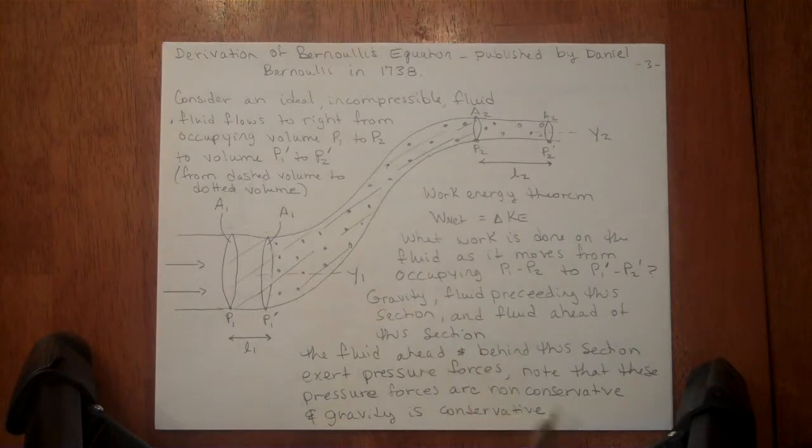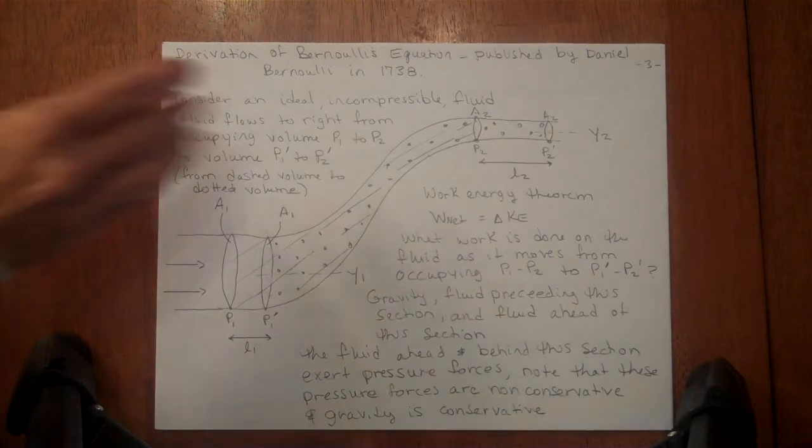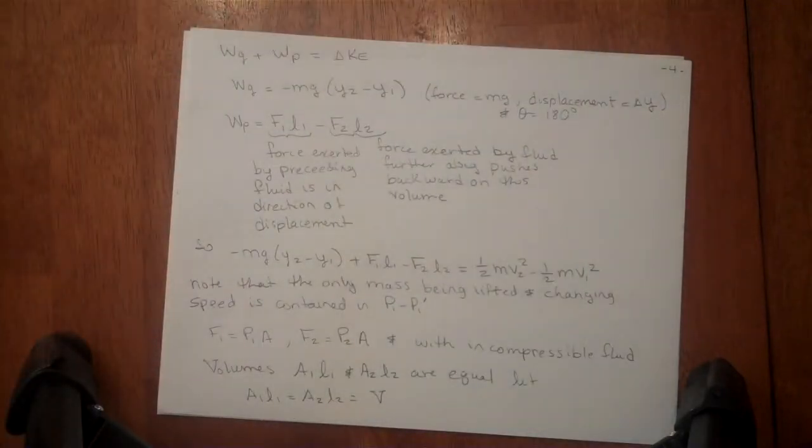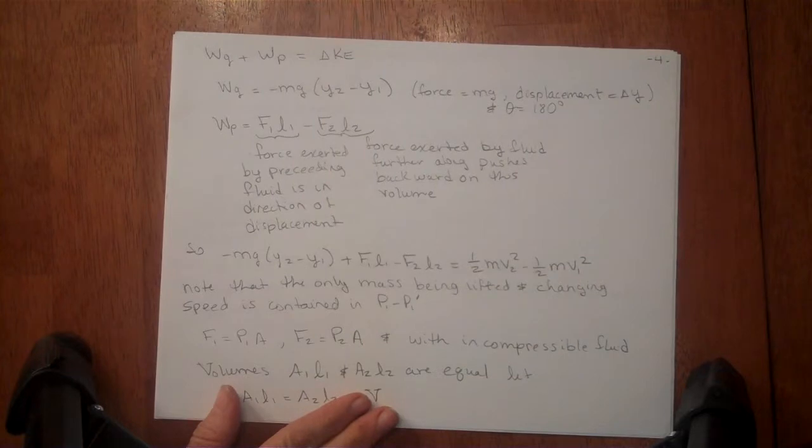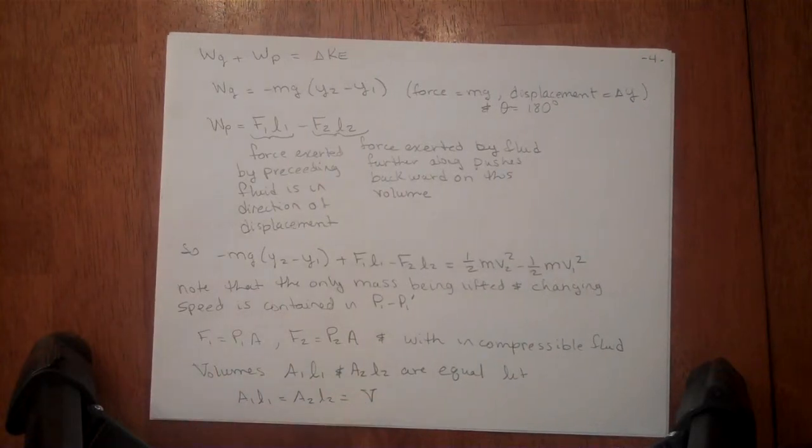Note that these pressure forces are non-conservative and that gravity is a conservative force. So the equation we can write then is that the work done by gravity plus the work done by pressure forces is equal to the change in the kinetic energy that the section of fluid experiences.